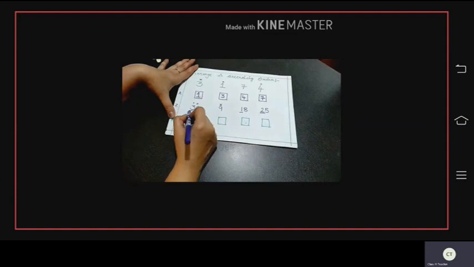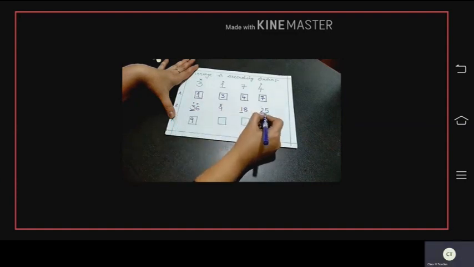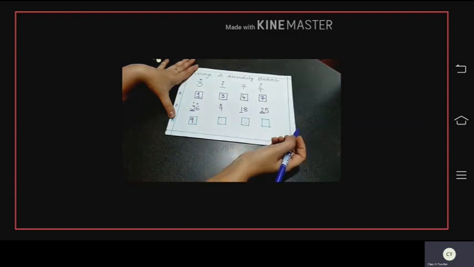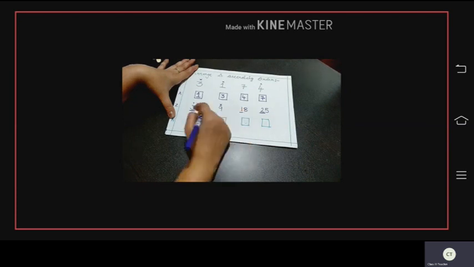Here 3 and here 1 and here 2. Now tell me, by remembering the number line, which number will come first? 1, 2 or 3? Which is the smallest number here? 1, 8. 18 is the smallest number among these three. So I'll write 18 here.